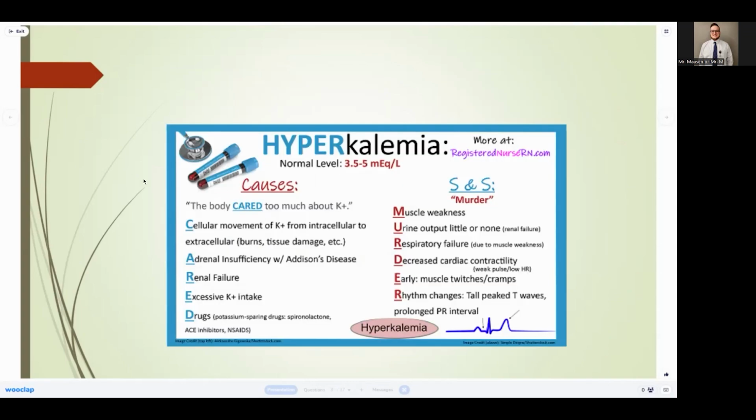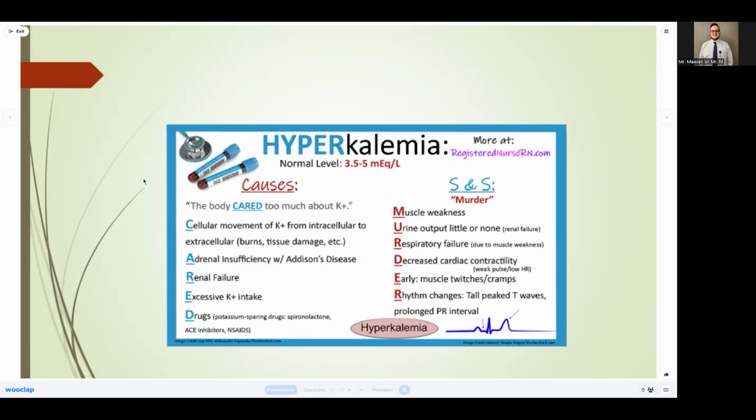So the summary of it, here's another chart that's good for hyperkalemia. Again, the causes: the body has too much potassium. Potassium moved from inside the cell where it's supposed to be to outside the cell. So burns, tissue damage. Think of the cell destruction causing potassium to leak out into the bloodstream.